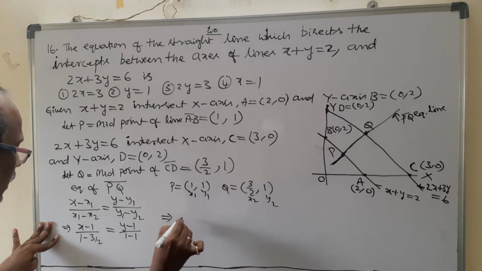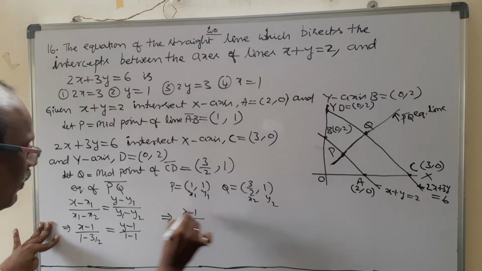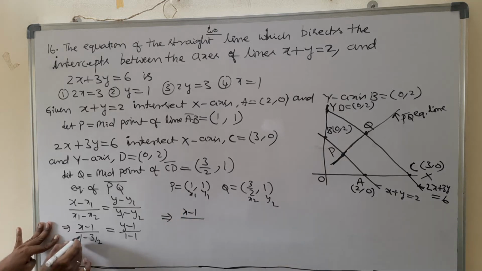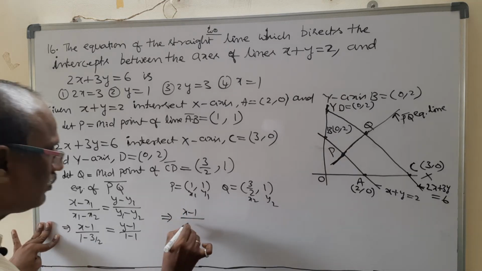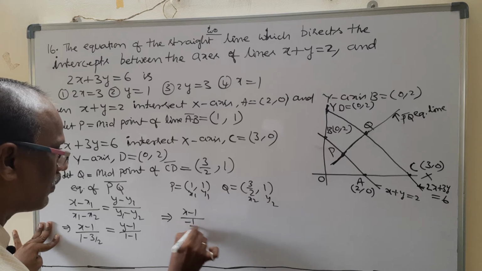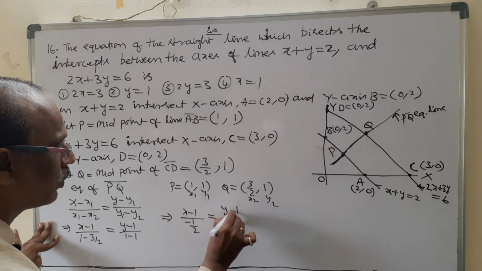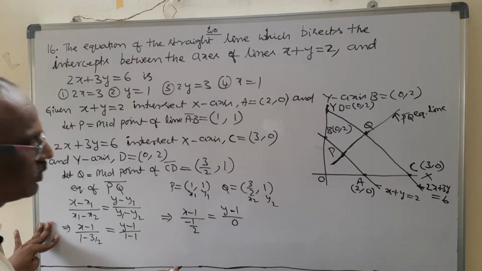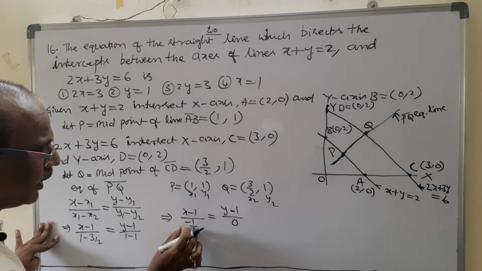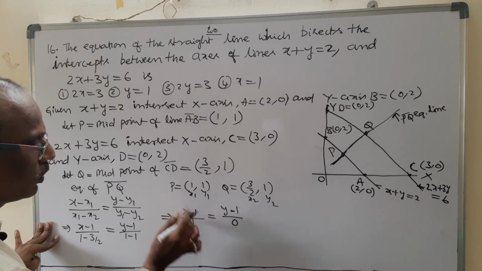Here, observe that x minus 1 by LCM 2, that is 2 minus 3, minus 1 by 2, equals y minus 1 by 0. All students observe that you do not multiply with minus 1 by 2, 0.